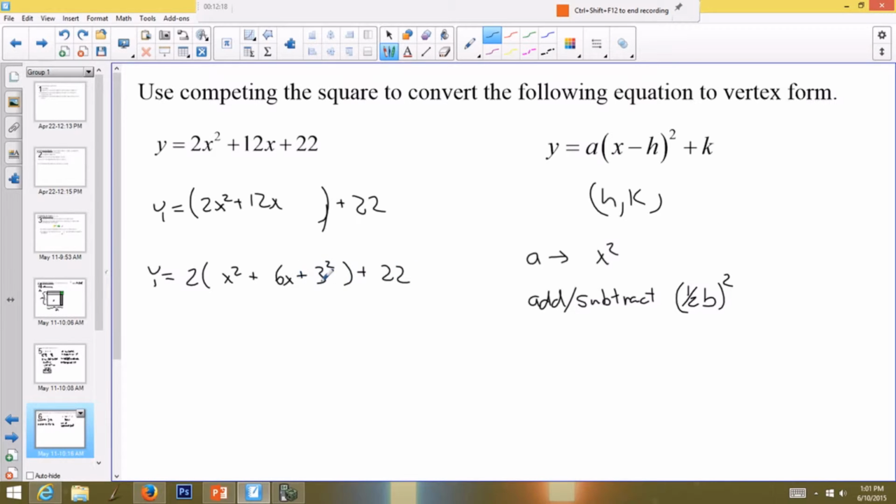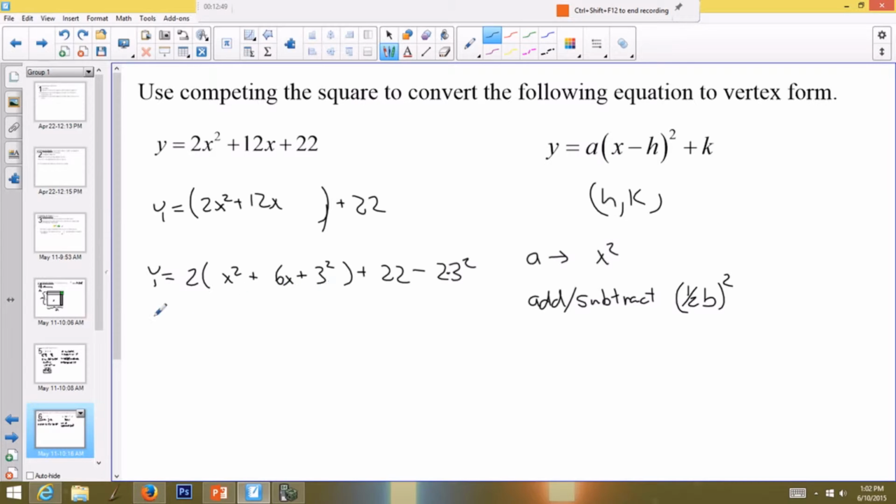And since I've added it, and I can't do it to both sides because I want to leave my y by itself, if I'm adding something, I have to subtract it away. Now I've put it inside the parentheses here, so I have to distribute this 2 to all of those terms. So it's not just adding 3 squared, I'm adding 2 times 3 squared. And since I'm adding 2 times 3 squared, I must also subtract away 2 times 3 squared.